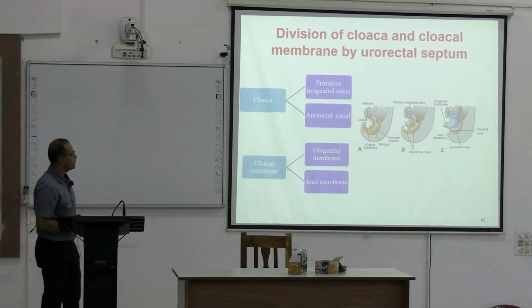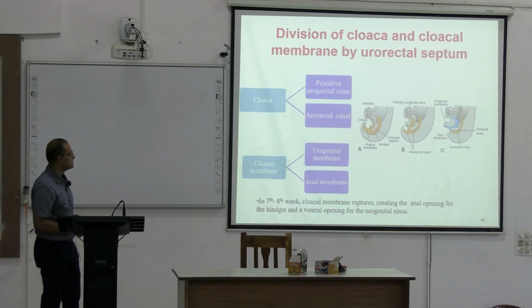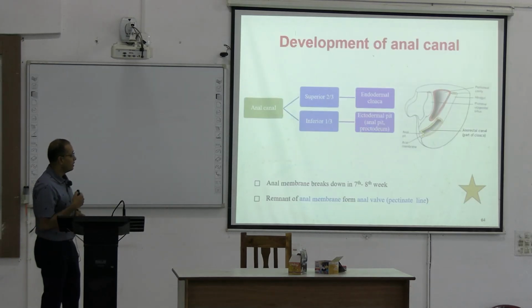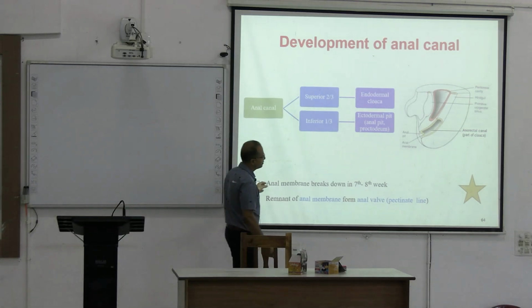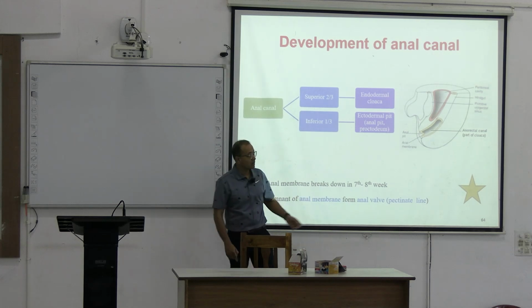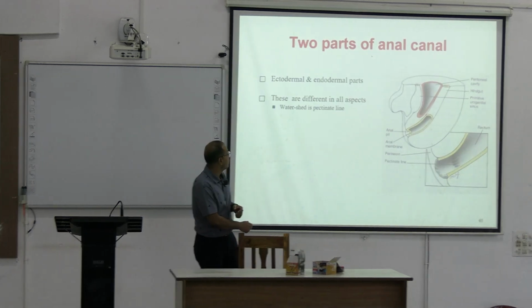And here we have the anal membrane existing between the upper part and the lower part of the developing anal canal, and if it fails to break by the end of 8 weeks, it remains as a membrane, and the clinical problem we call imperforate anus.